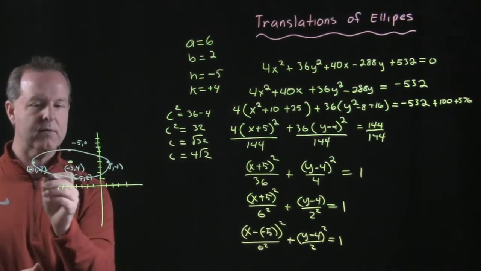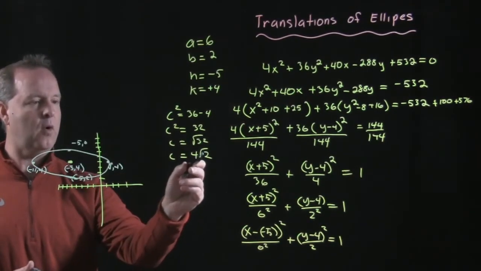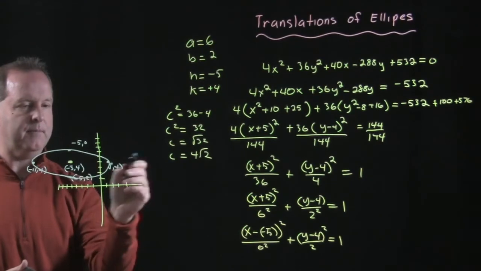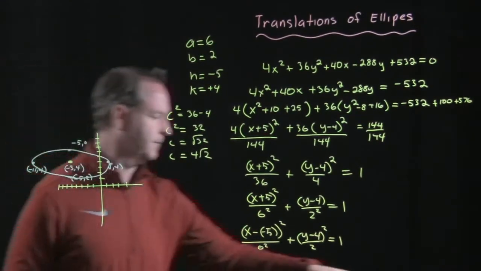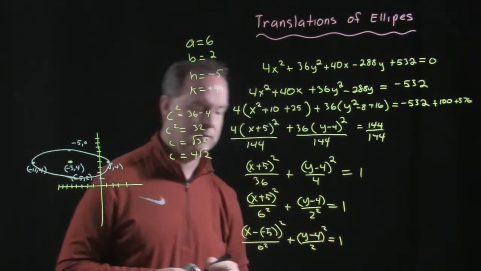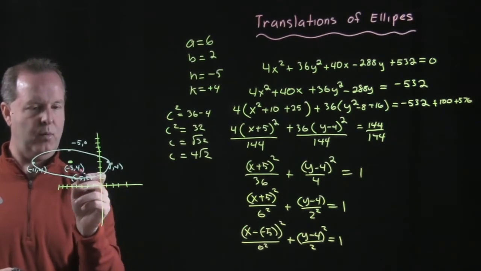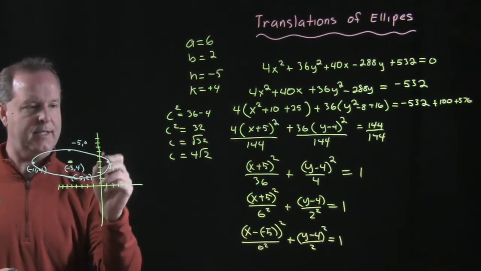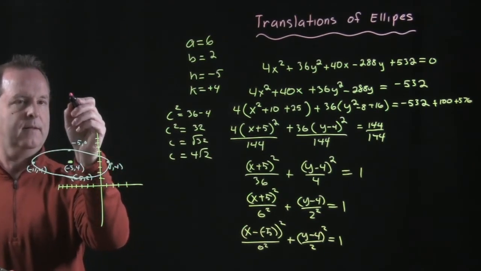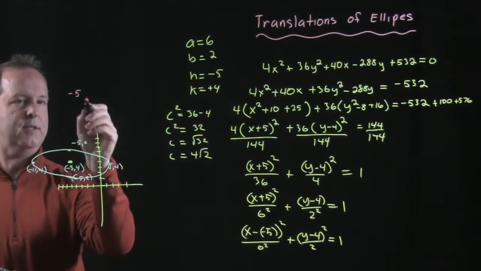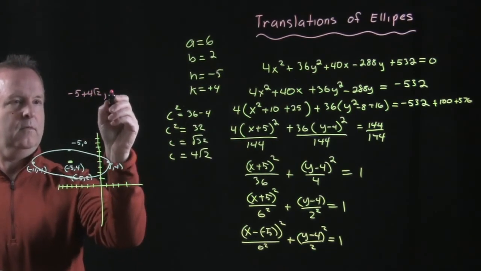And then my c values, it's along this major axis, and it's 4√2 units in the positive direction and 4√2 units in the minus direction. So I'm going to have a point at -5 plus 4√2, comma 4.